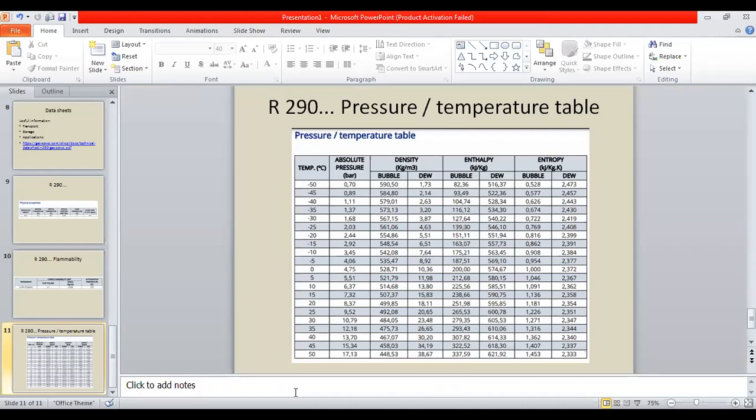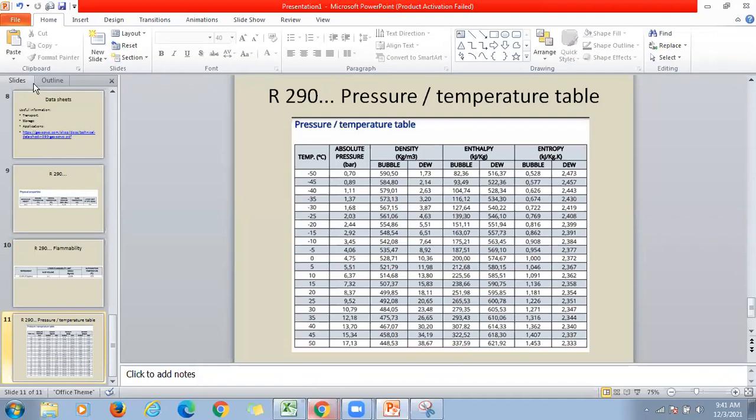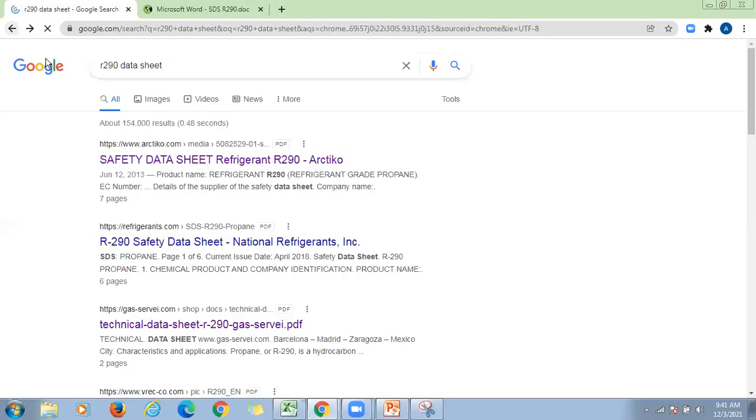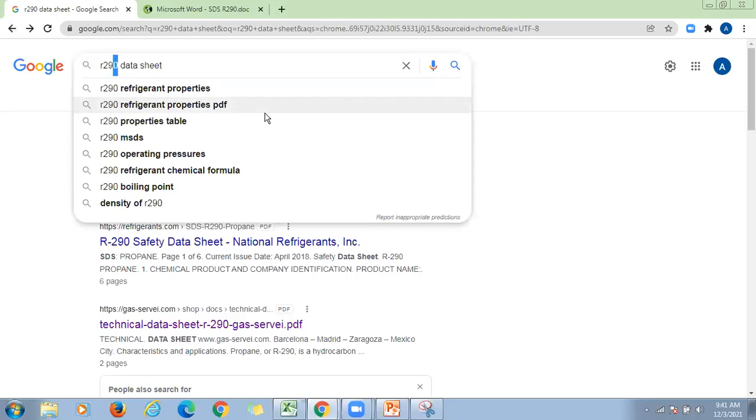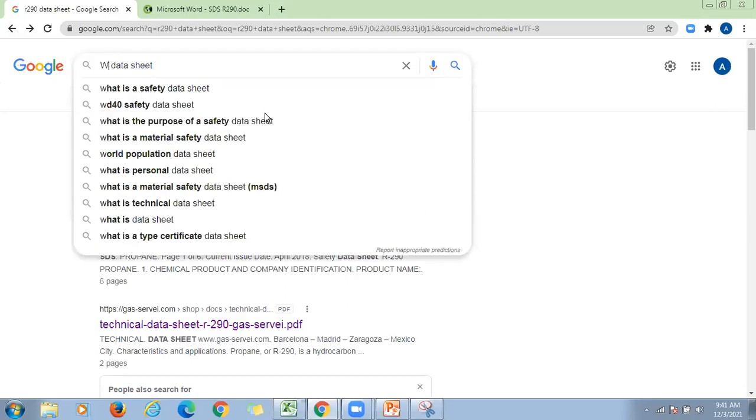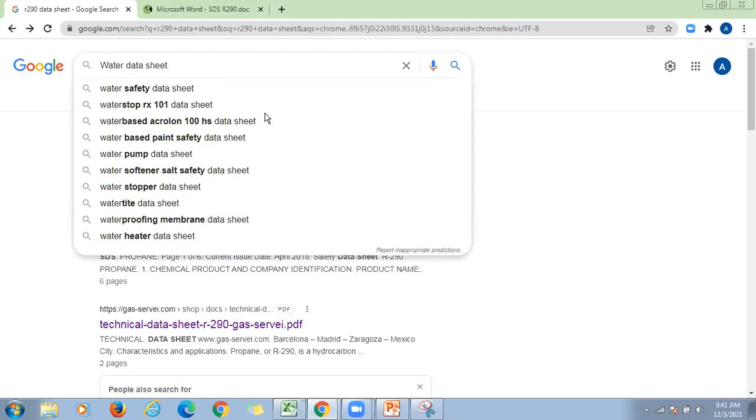Let's explore whether there is any such thing for water. Water data sheet. See, water safety data sheet.